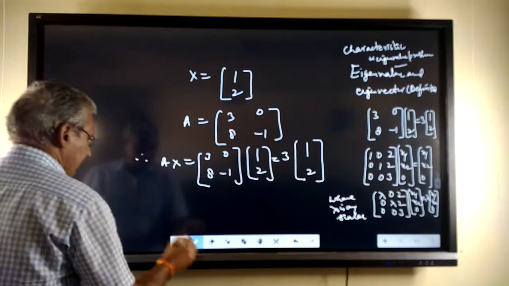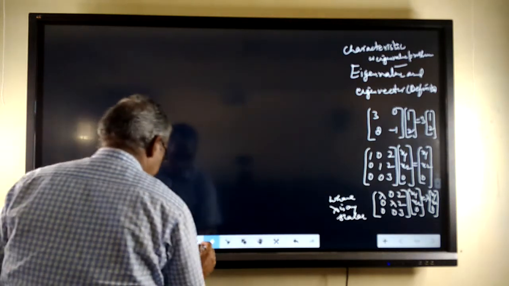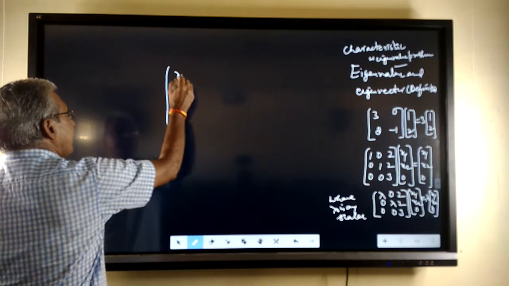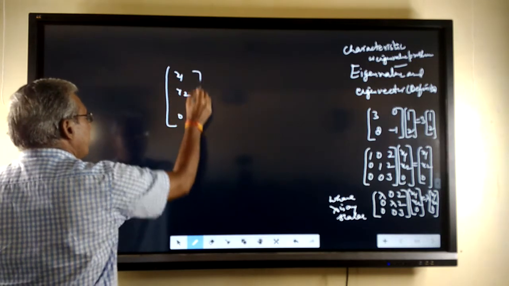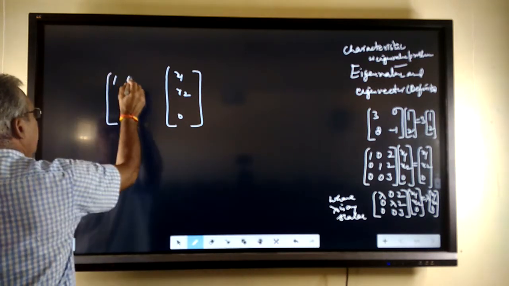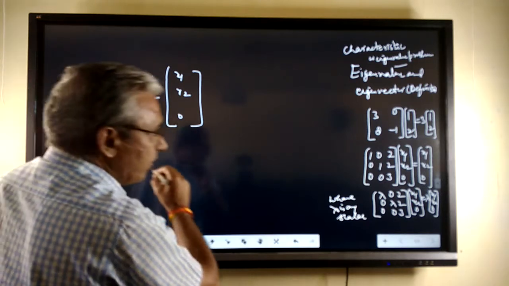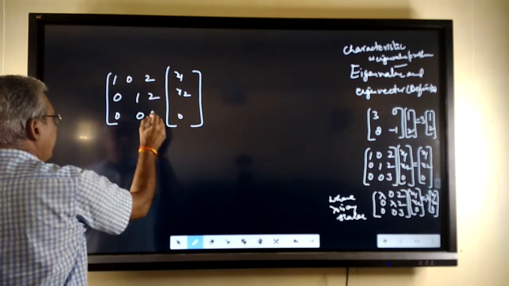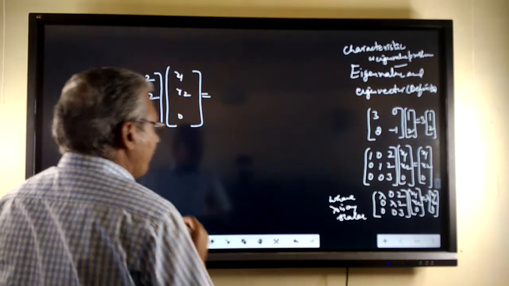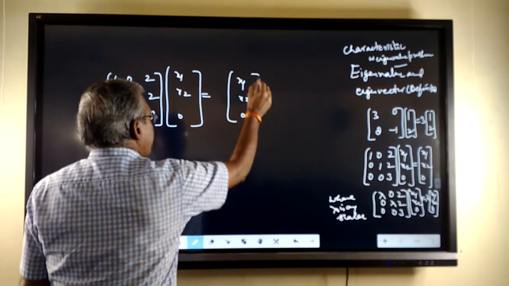Similarly, if we take x as (x1, x2, 0), and A as [1, 0, 2; 0, 1, 2; 0, 0, 3], after the multiplication we get (x1, x2, 0).